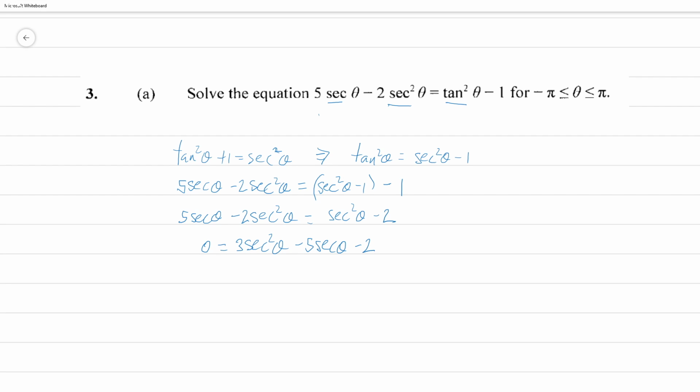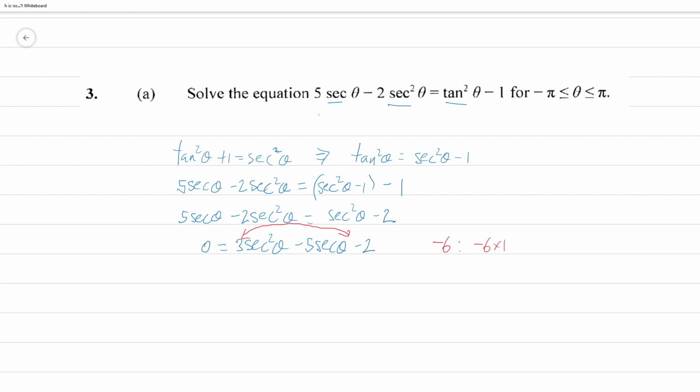So this is 3 sec squared theta minus 5 sec theta minus 2. I would like factors of minus 6, so you multiply these two, that will give me minus 5. So that could be minus 6 and 1. That will work fine.